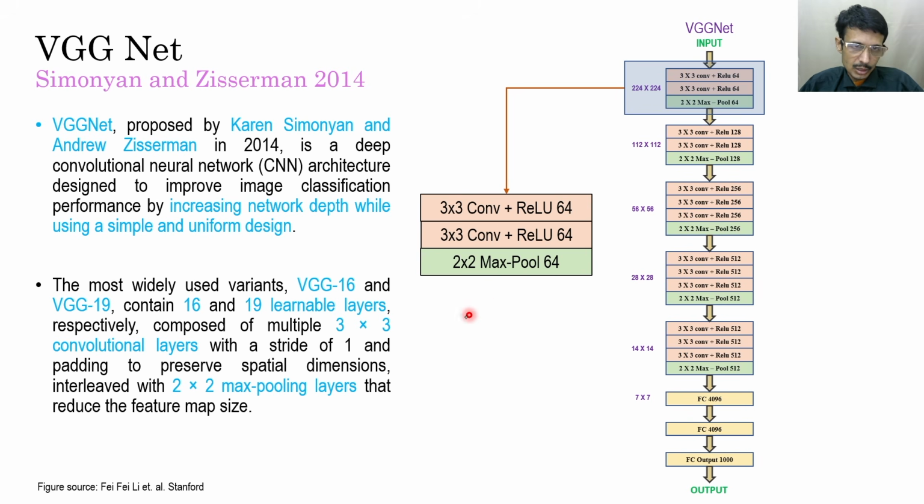Okay. So one important thing that we're going to understand here is this kind of style, that is multiple 3x3 convolution layers with a stride 1 and padding to preserve the spatial dimension.